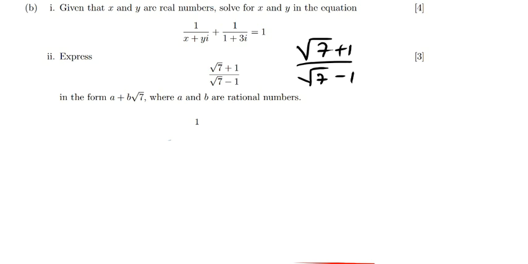Now, what's happening here is that when you are conjugating, you are going to conjugate the part having the square root. So in this case, I'm going to say times, the conjugate of this is going to be negative the square root of 7 minus 1. Even here, negative the square root of 7 minus 1. This one will not change.